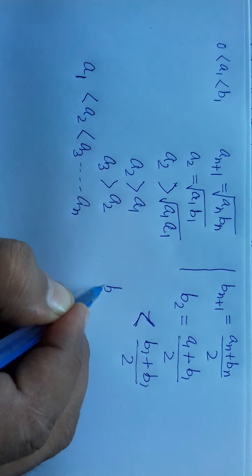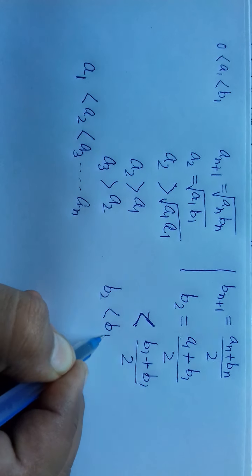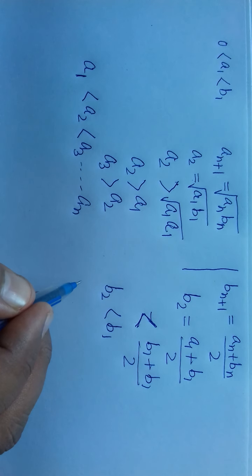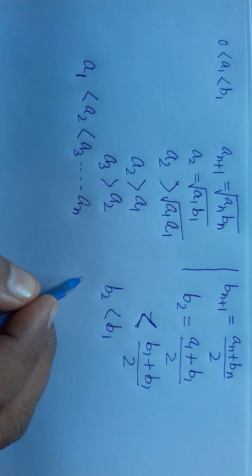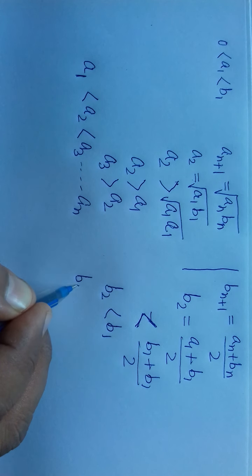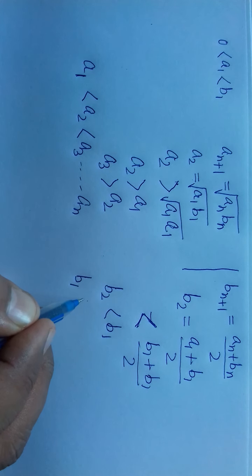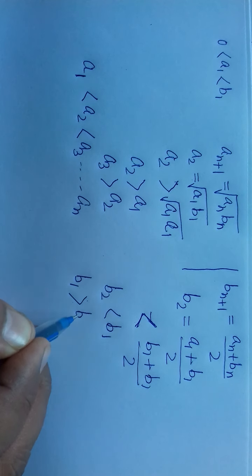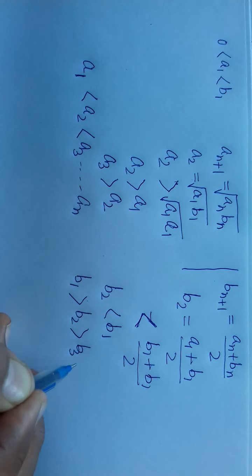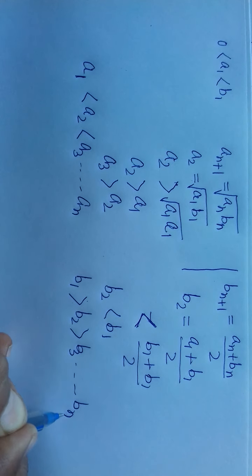This gives us b2 is less than b1. So we have a sequence b1 greater than b2, b2 greater than b3, and so on.